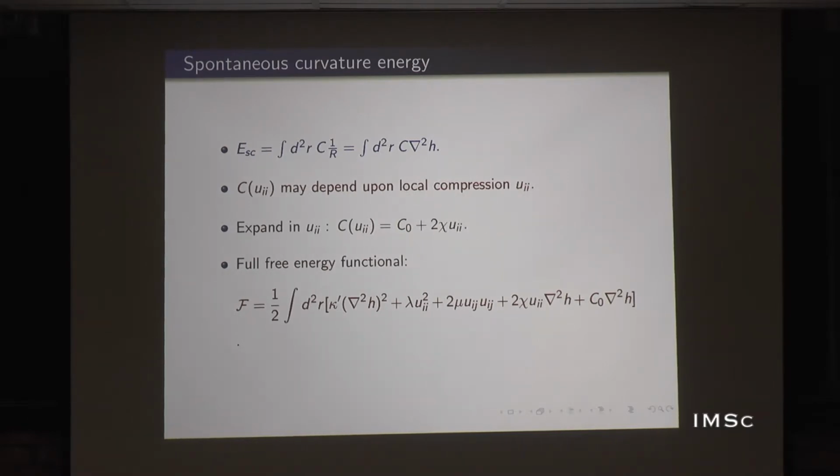This chi is some thermodynamic coefficient which you need to fix the dimensions. Then the full Landau-Ginzburg energy functional takes this particular form. You have the old bending term. These two are the elastic terms that will be there in a two-dimensional system and are also there for a symmetric membrane.